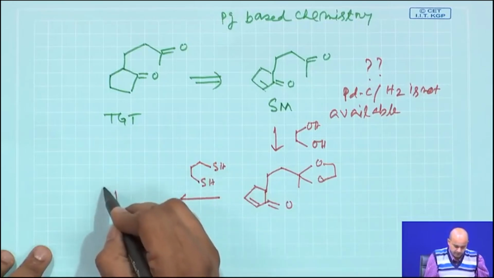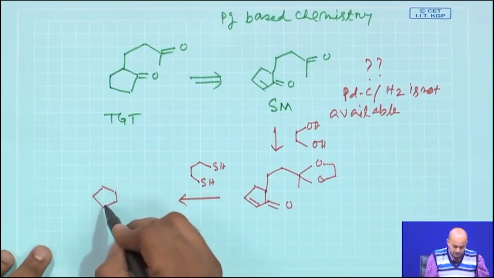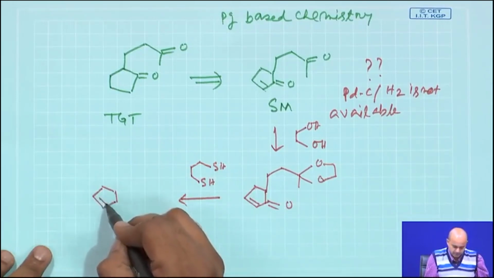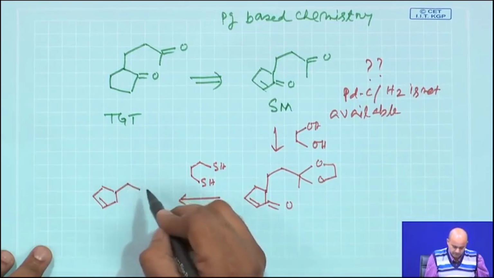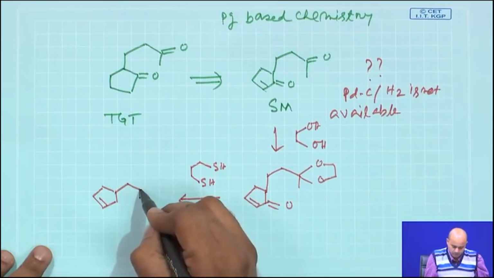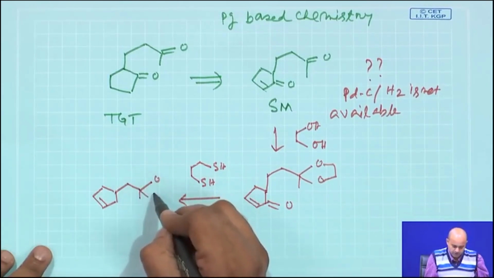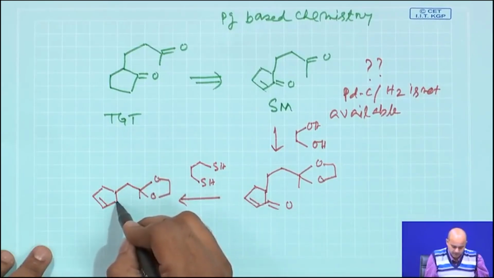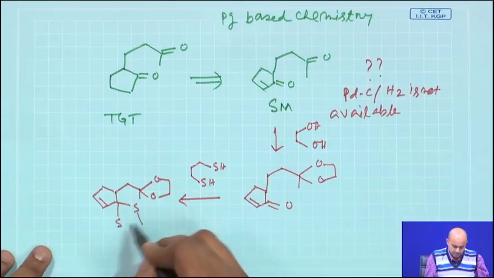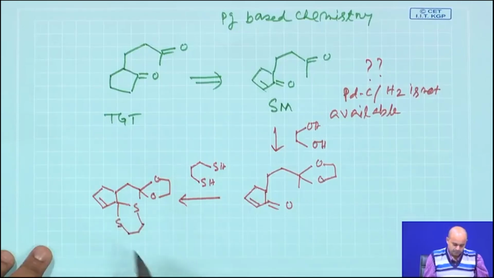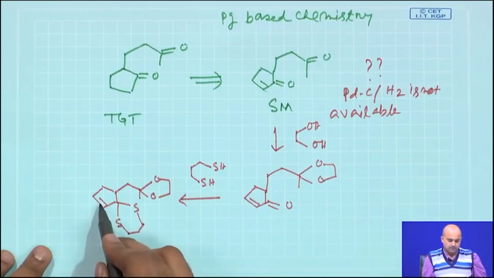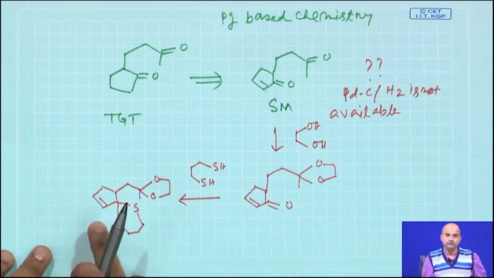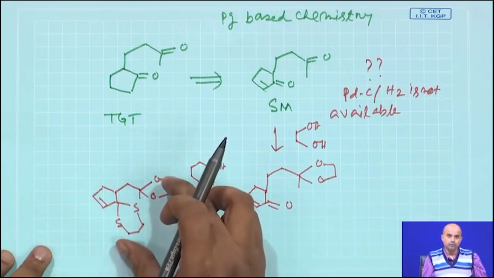So, it is basically a protection and deprotection, because you only need to touch the double bond without touching both the carbonyl groups.